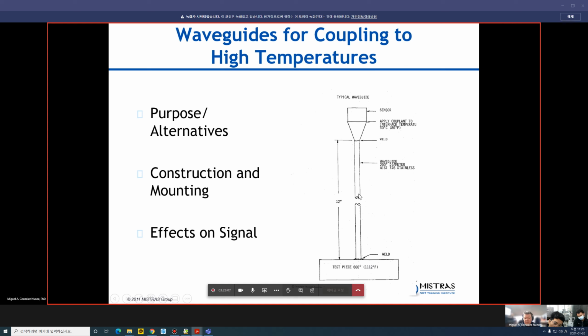We know that this rod will dissipate the heat, and the temperature here will be lower compared to the temperature at this surface. In this case, the test piece is at 600 degrees Celsius, and just by adding 30 centimeters of this rod, it dissipates the heat down to 30 degrees C. That's the main purpose.